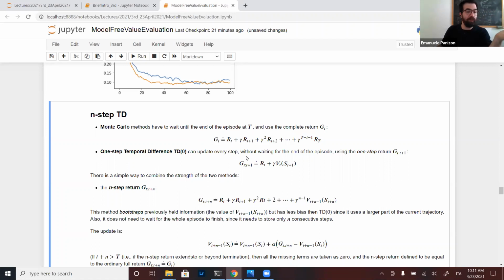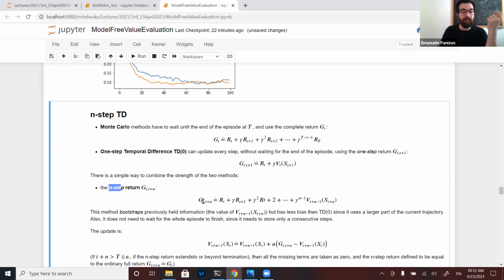can instead update at every step, using the one-step return, which is defined as the reward plus gamma times the value. I'm going to update my value using only the one-step return. Now we can mix the two together, and there is a whole class of methods called n-step temporal difference, which use the n-step return.